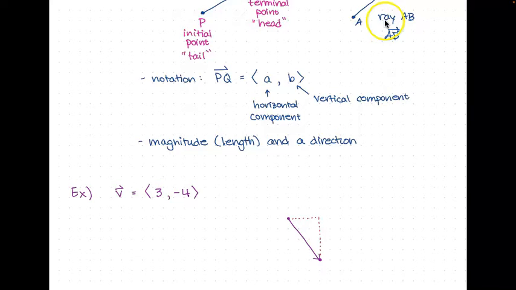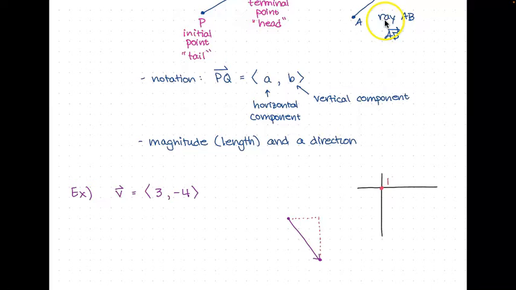A lot of times, though, it helps to put vectors on a coordinate plane. It really depends on the problem. If we put it on a coordinate plane, then often, it can help to put your initial point at the origin.